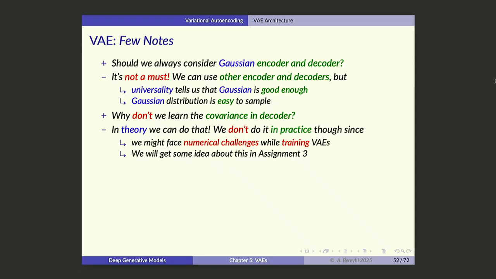The main reason is that if you put the covariance to be learned at the decoder, when you are doing training, you're going to get into a bit of numerical challenges, right? You can have a kind of dummy solution to your optimization. When you are just training your model, it might be the case that instead of pushing your model to generate the right data, it's going to just make the variance of the decoder infinite. And this is not something that you want.